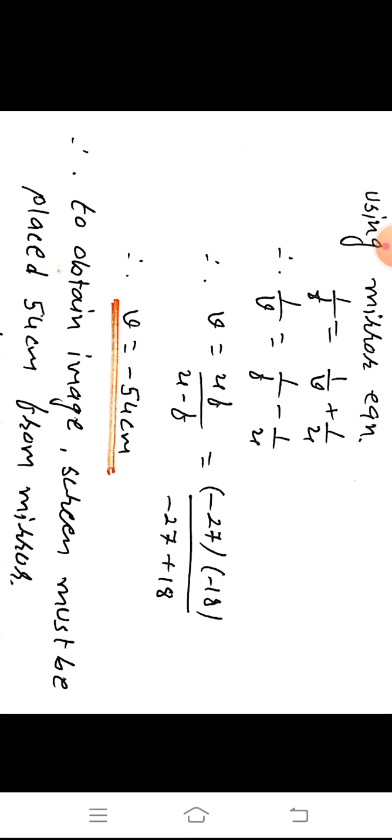Do the necessary calculation and we get the image distance as minus 54 centimeter.